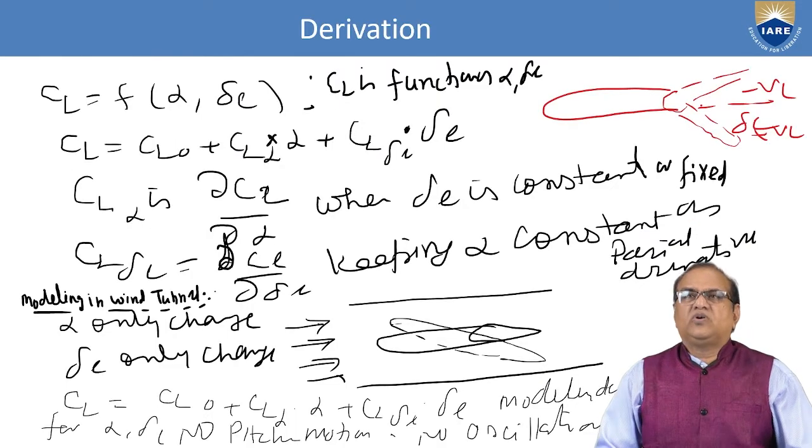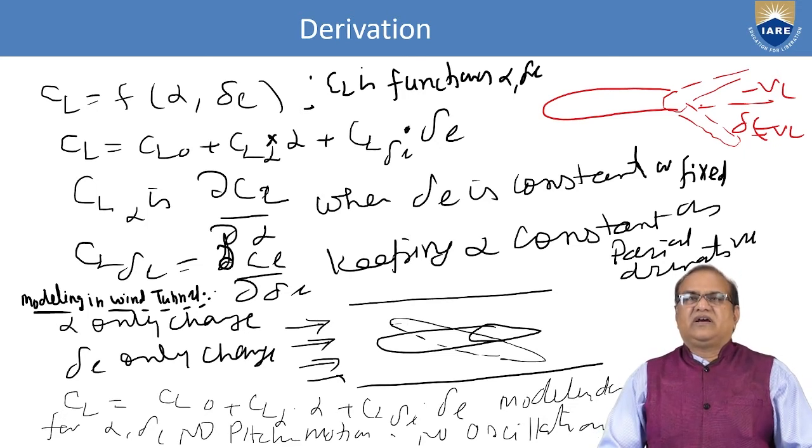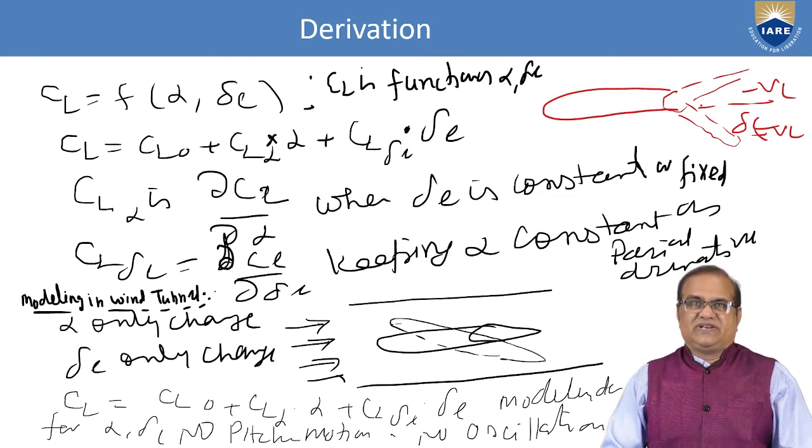So we now have to derive the equation for CL delta E, which is also called the control power of the elevator.